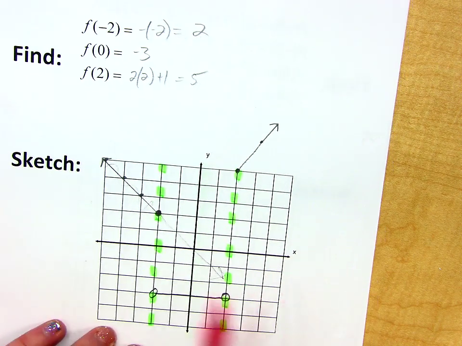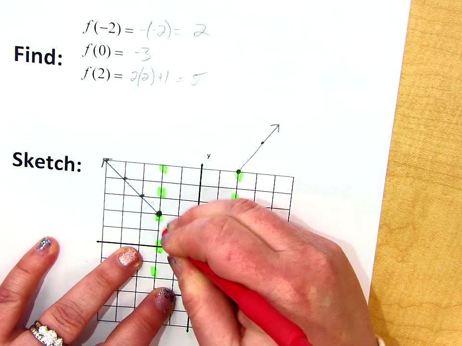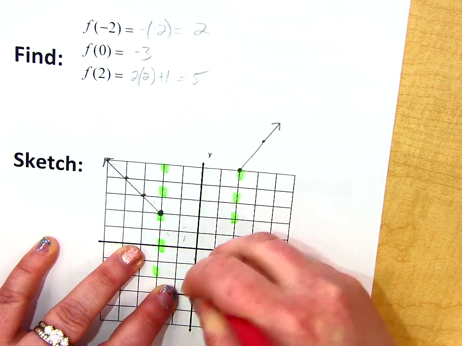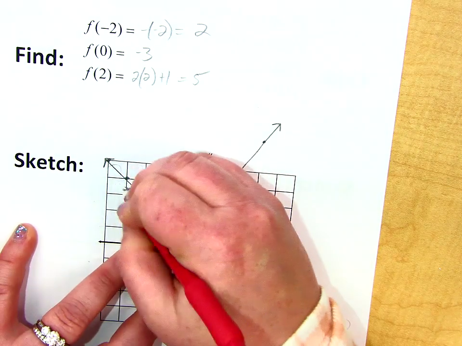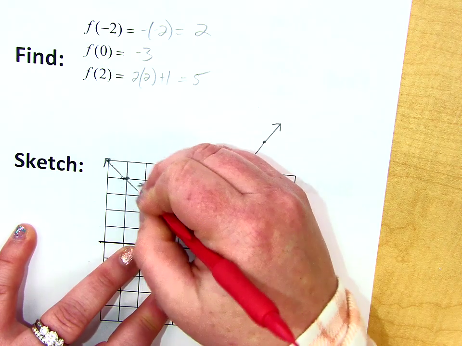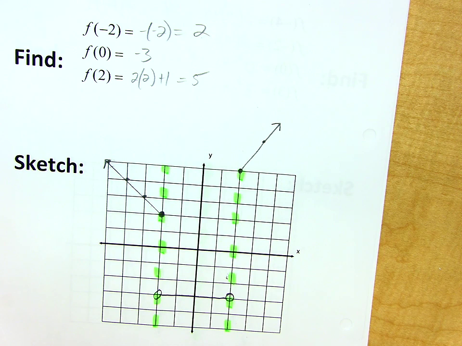But if they just did the vertical line test, they'd be like, oh, that can't be right. So you'll catch yourself, hopefully, if you just take half a second and double check. Make sure that you don't have 2 closed dots on top of each other, because that can't be, right? Because then it's not a function anymore. Now it's broken. Someone's got to be open.